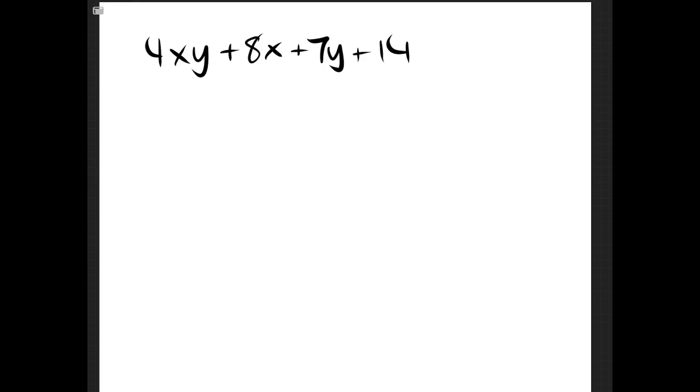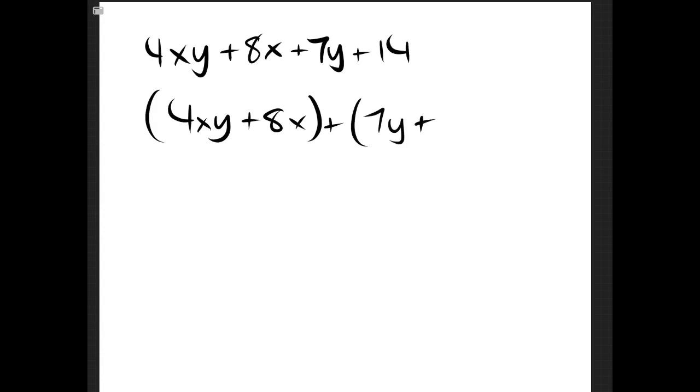So let's make the 2 groups. We have 4xy plus 8x as one group, plus 7y plus 14. That's another group.